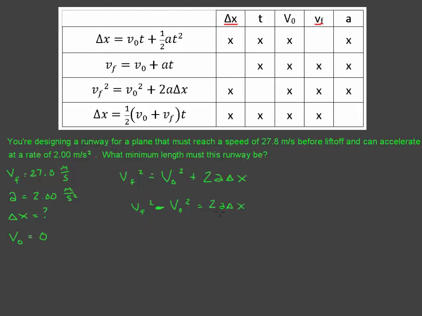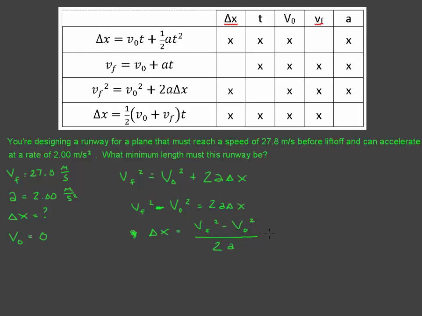And then I need to isolate delta x, so I'm going to divide everything by 2a. I'm also going to flip it around, and I'm going to wind up with this. All right. Delta x is v final squared minus v initial squared all over 2a.